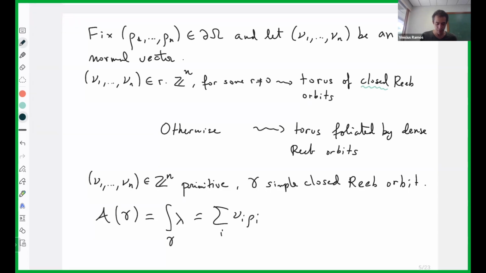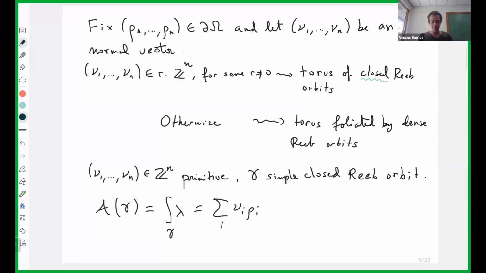In the first case, when we have a torus of closed Reeb orbits, we take, for example, a normal vector that's primitive. That means the GCD of all the coordinates is 1, so you can't write it as an integral multiple of a vector in Z^n.